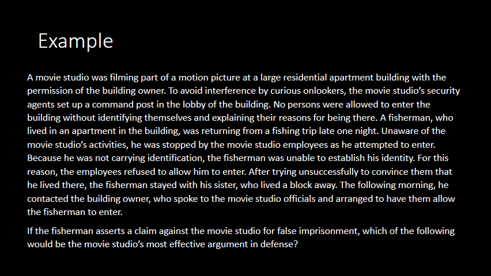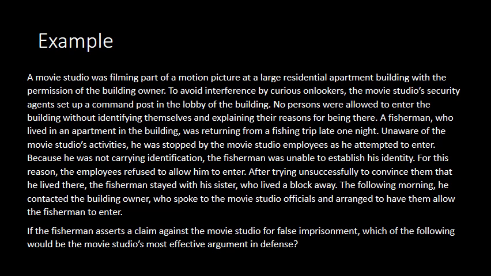We don't care about that. What we do care about is the most effective argument in the defense. So already when we're reading this call of the question, we want to be thinking about the elements of false imprisonment and what might be arguable or not present at all.